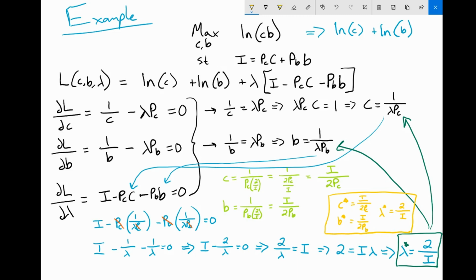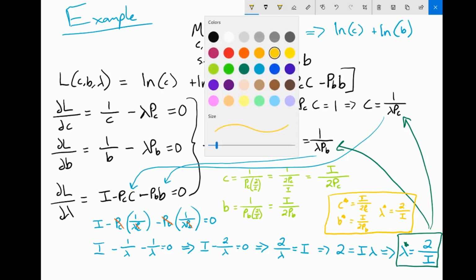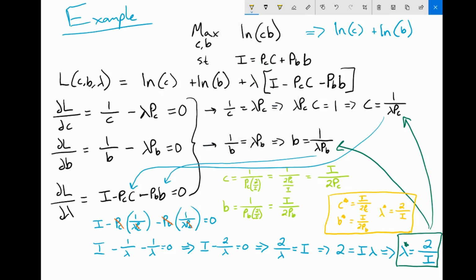We have found the values of C, B, and lambda that maximize utility. If I wanted to ask how many cups of coffee the agent will buy, well, this is the number of cups of coffee that they would buy, because that's the amount of coffee that maximizes their utility. If I asked how many bagels they will buy, this is the number of bagels that they will buy, because that's the amount that maximizes their utility.